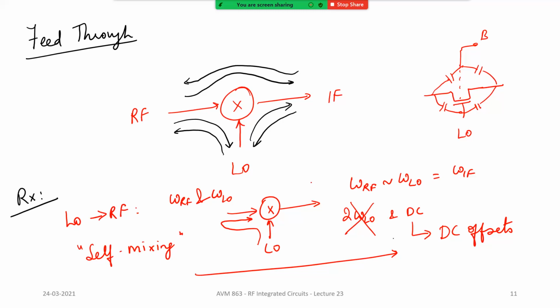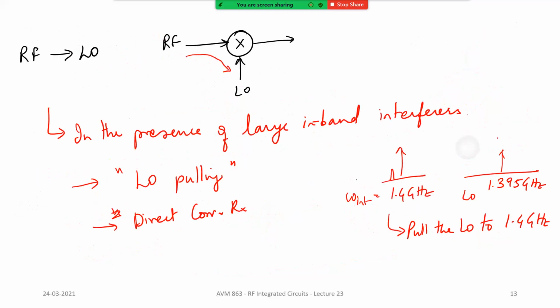We will see how the feed through is going to be for different mixer architectures. So now what we will do is start looking at passive mixers. As the name suggests, passive mixers, as I explained, will not have gain. And in each of these categories, you have what is called a single balanced mixer and a double balanced mixer.